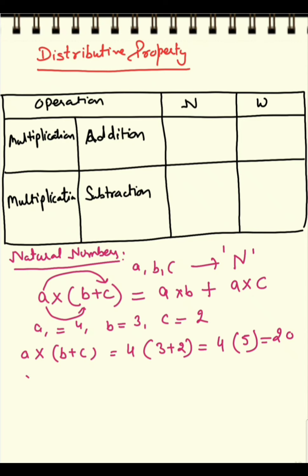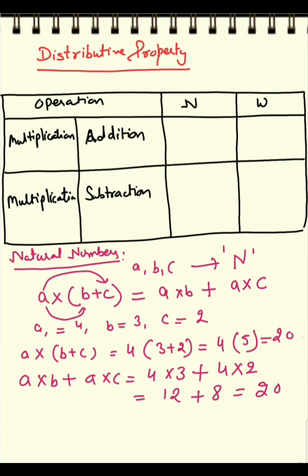So I'll take next A into B plus A into C. A is 4 into 3 plus A is 4 multiplied by 2, which is equal to 12 plus 8, and this is also equal to 20.